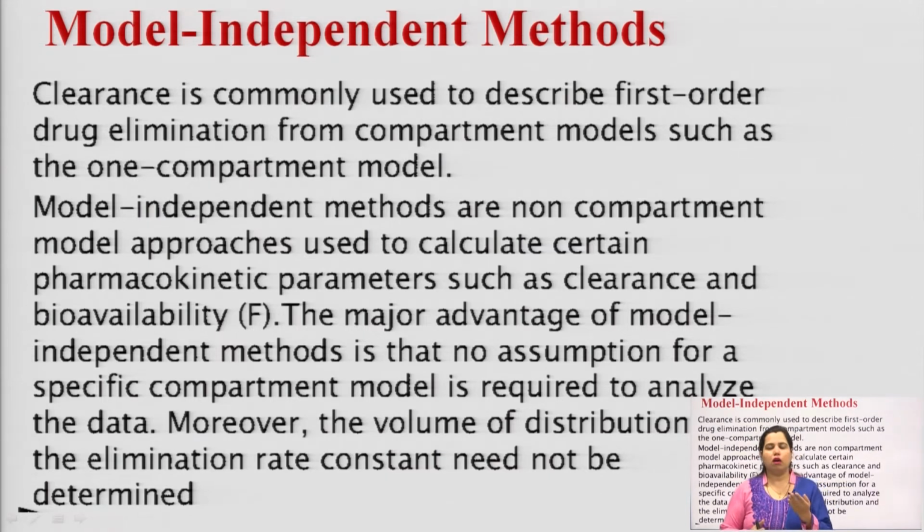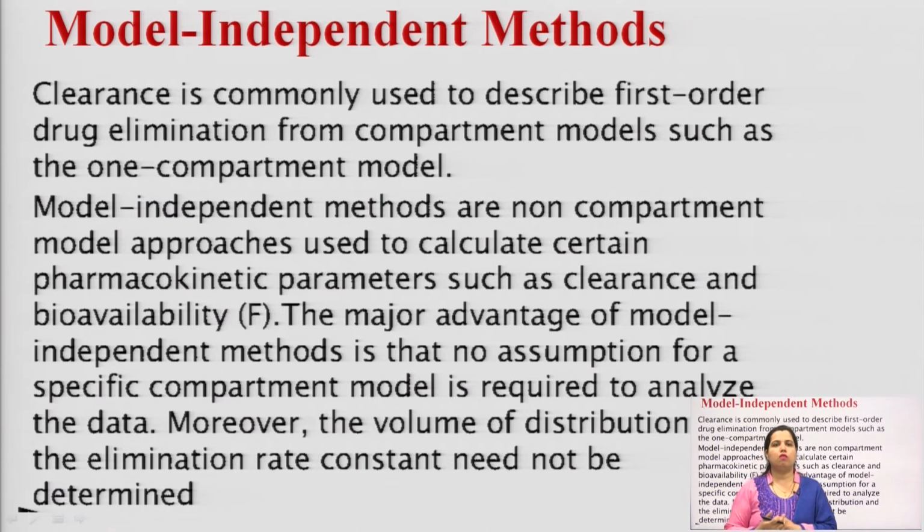But in a model independent approach, there is no such assumption about one compartment or body compartments. It is a linear type of representation we follow for identifying drug plasma concentration and clearance.